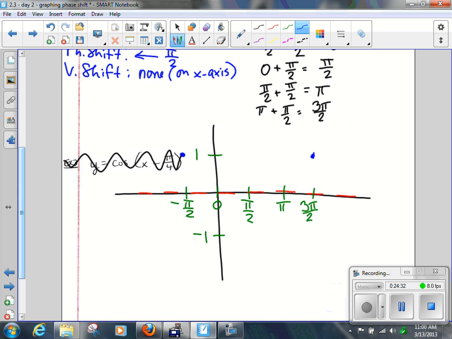It's going to be under pi over 2. And where is my curve going to cross the oscillation line? At 0 and pi, my second and my fourth critical points. So here we go. Smooth and beautiful. Look how pretty.